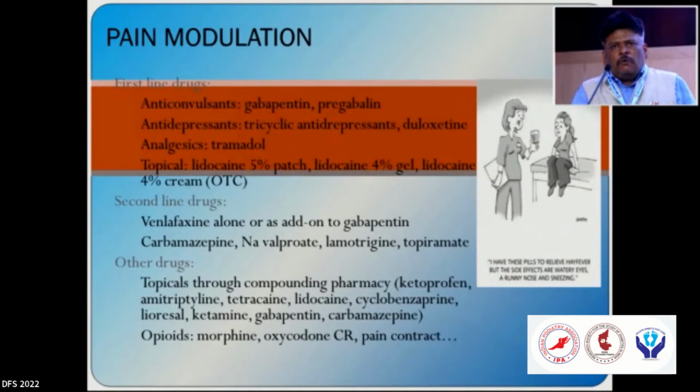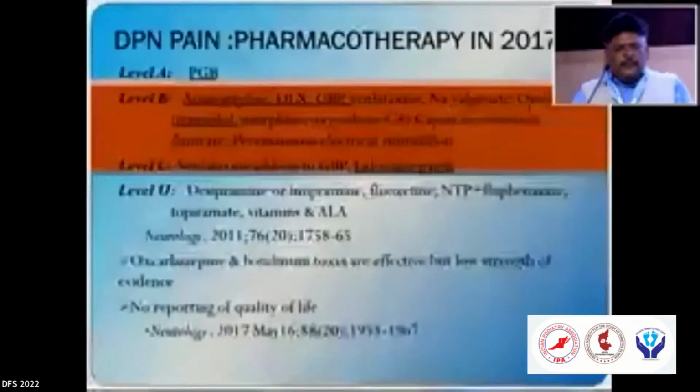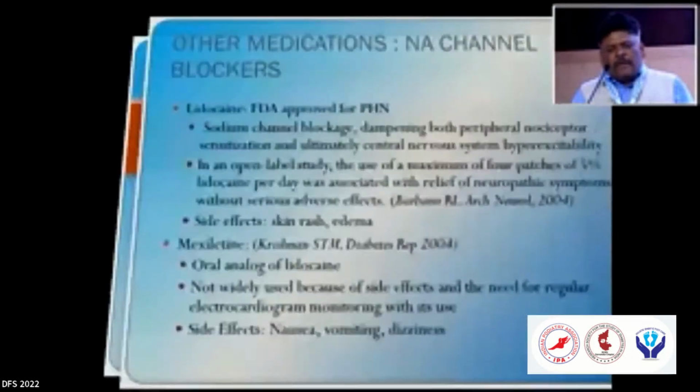Switch between the two if you don't get an adequate clinical response, and if you still don't, the third measure is a combination of these two in addition to the local therapies. Level A evidence only pregabalin has, whereas duloxetine, amitriptyline, and gabapentin have level B evidence. You can see that the literature strongly promotes only two molecules, pregabalin and duloxetine.